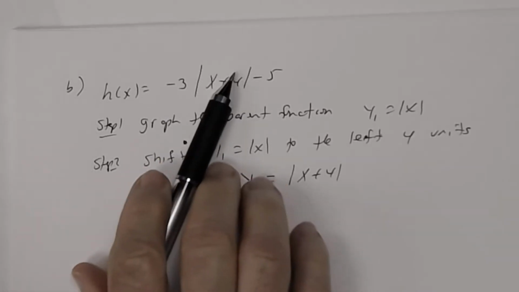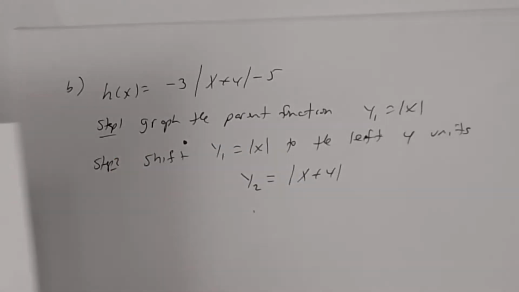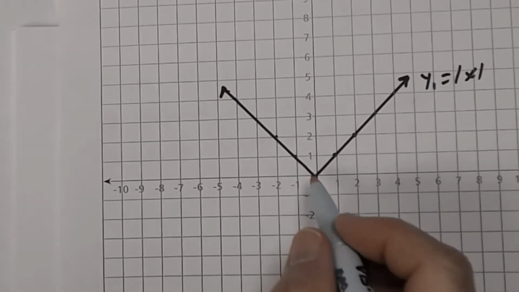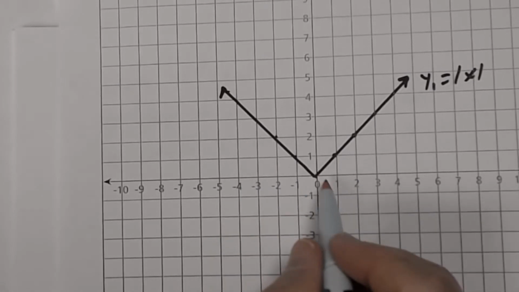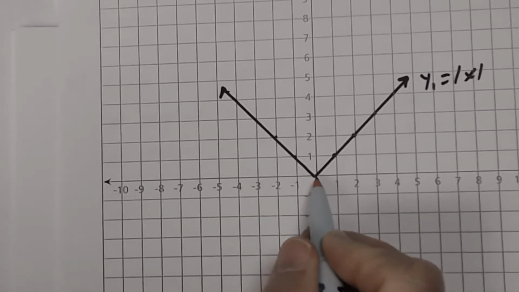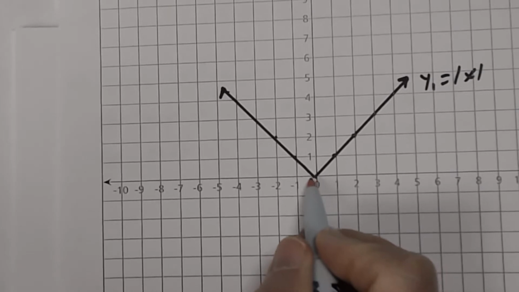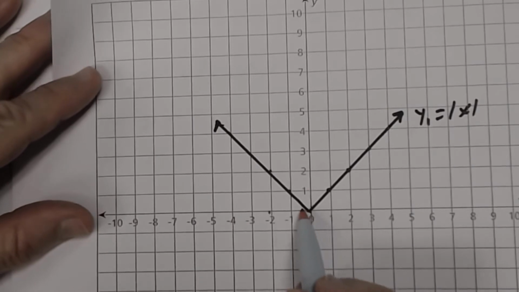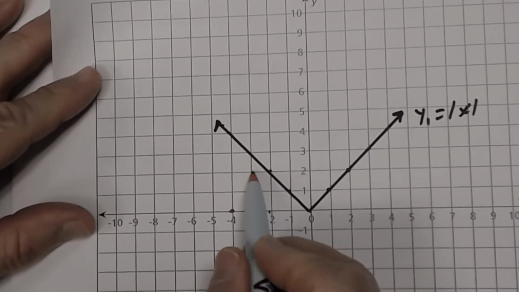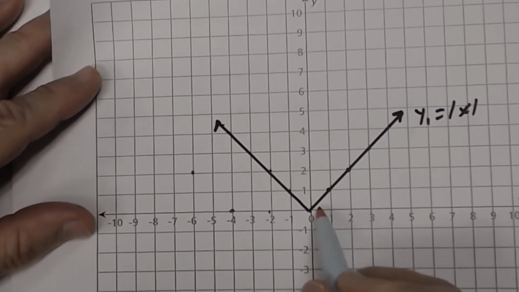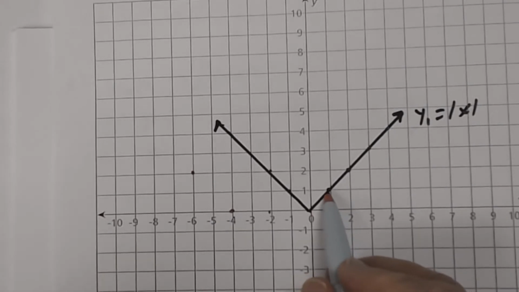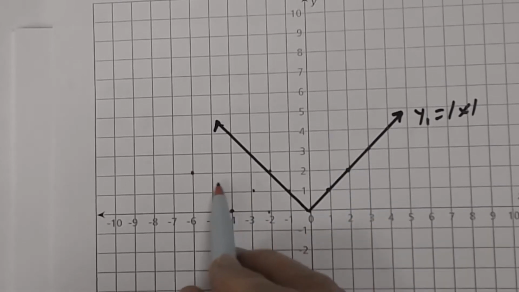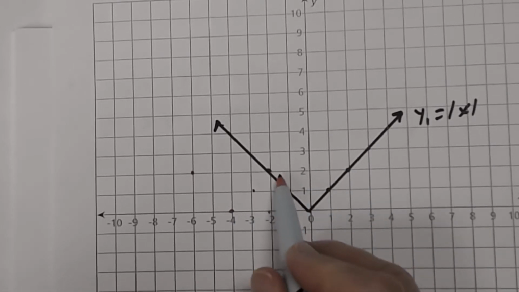So all I'm doing is graphing this first. Okay? All right, so all I do is I shift every point to the left 4 units. And remember, these are rays, so you just need to plot 2 points. You've got to do the origin of the vertex, though. So 4 units, right? 1, 2, 3, 4. 1, 2, 3, 4.